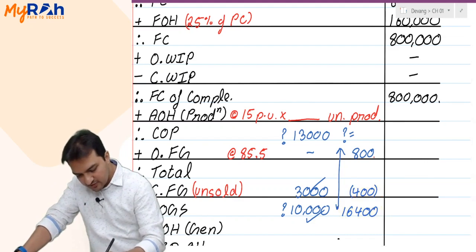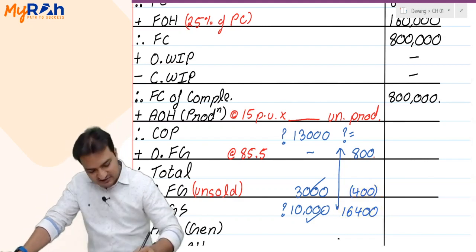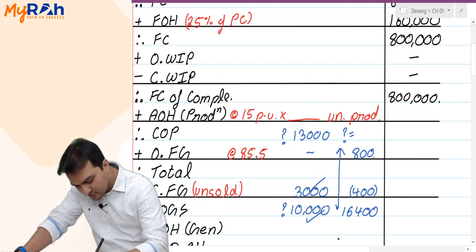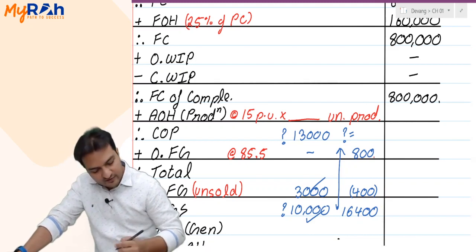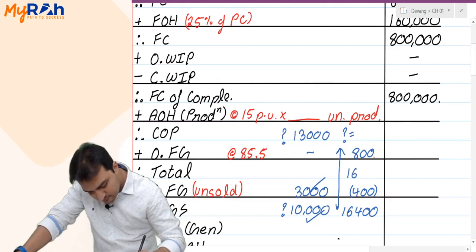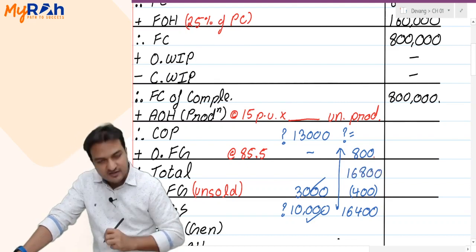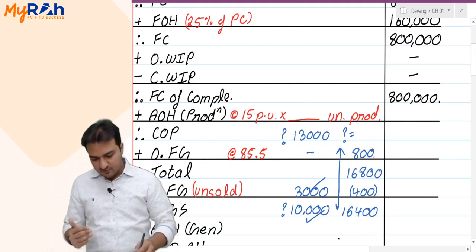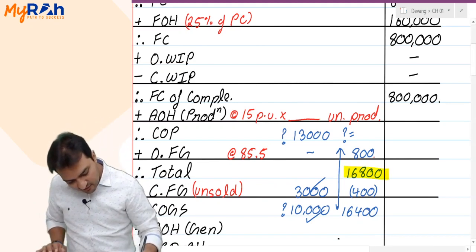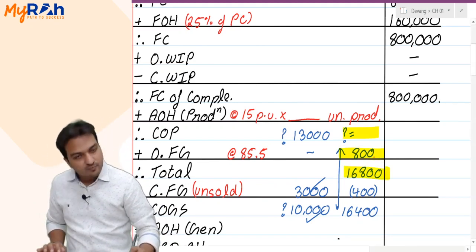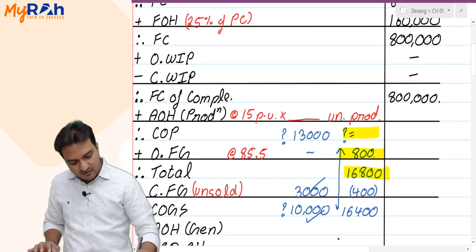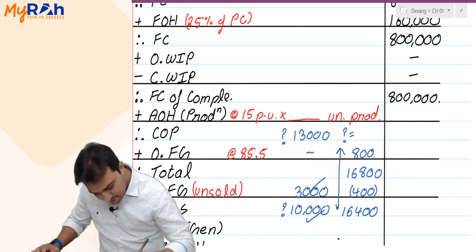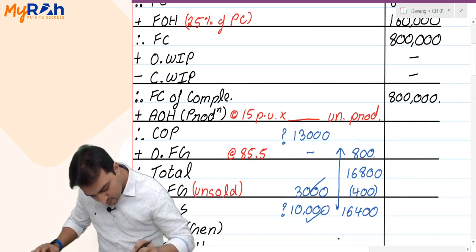So the total units I was having before removing unsold was 16,800. Now that 16,800 was production plus opening FG. From 16,800 minus 800 will give me production units as 16,000.